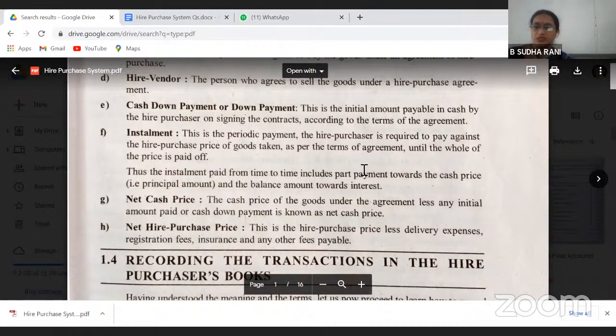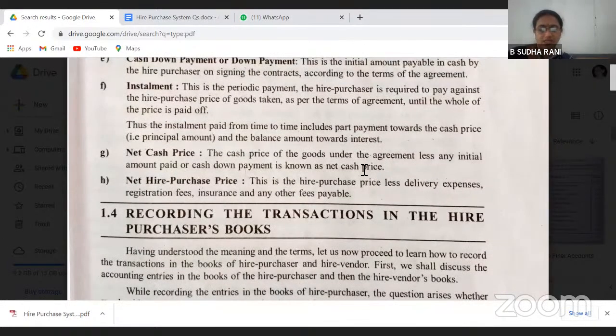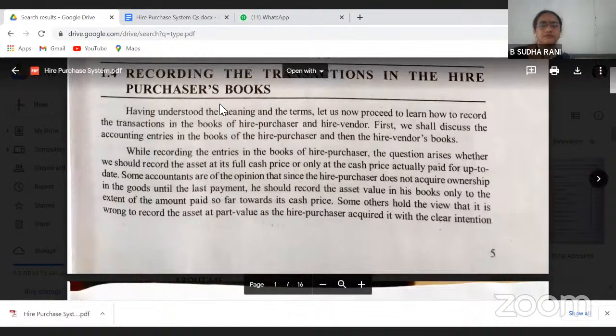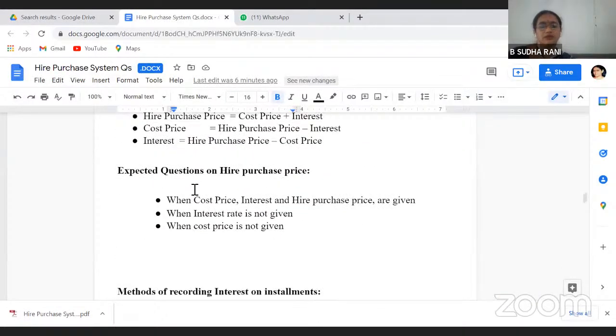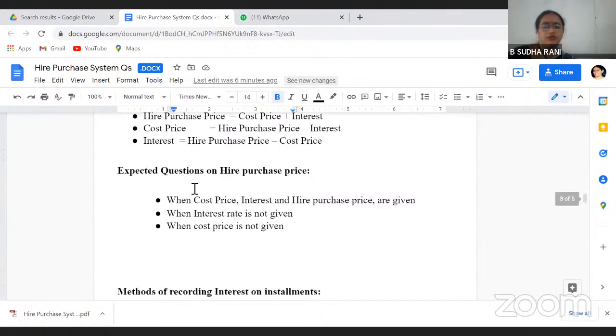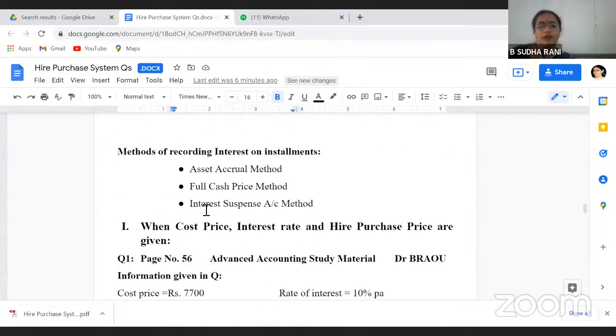So that's about recording the transactions in the hire purchase books. How do you record them? Generally there are three methods: asset accrual method, full cash price method, and interest suspense account method.